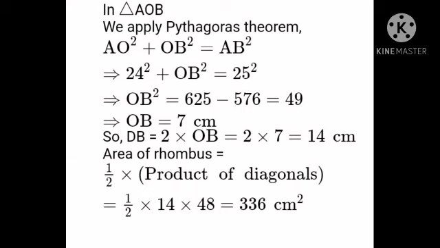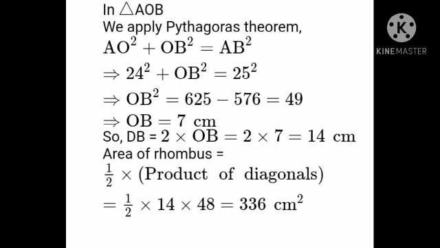Therefore DB is equal to 2 into OB, that is equal to 2 into 7, that is equal to 14 centimeter. Therefore area of a rhombus, you know the formula, half into product of diagonals, that is equal to half into 14 into 48. Therefore when we divide 14 by 2 we will get 7, that is equal to 7 into 48 is equal to 336 centimeters square.